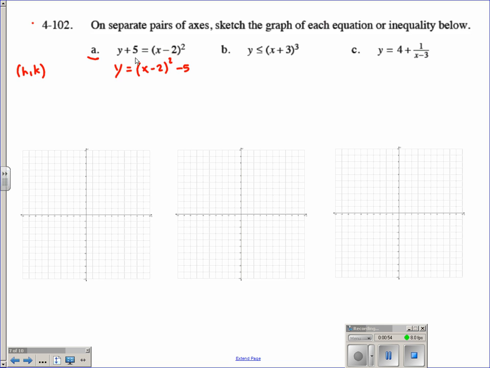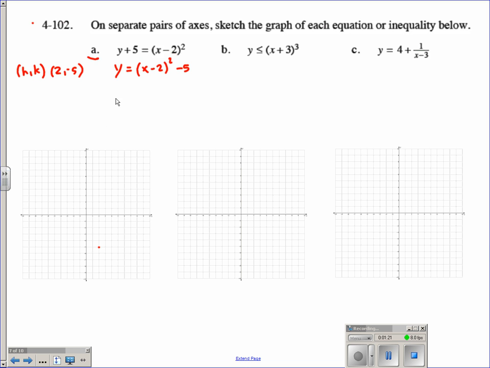For a parabola, we know this is the vertex. So this would be the point (2, −5). All right, let's plot that point. I'm going to go to the point 2, and then go down 1, 2, 3, 4, 5. Oh, that's nice.